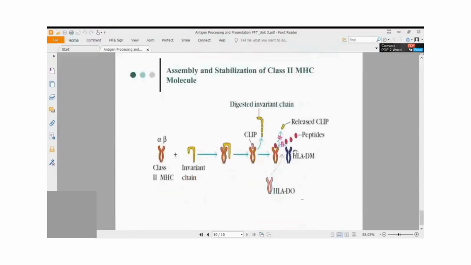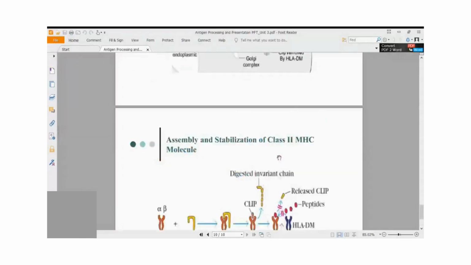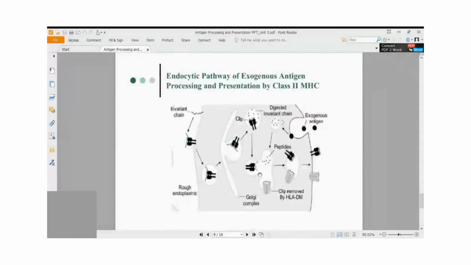Let me show here HLA-DM, which resembles the class 2 MHC, but its groove is empty. The class 2 MHC has CLIP protein now. The invariant chain protein was protecting it, but it is digested, and now class 2 MHC has CLIP protein. The CLIP-containing class 2 MHC and HLA-DM are sitting side by side in the same vesicle.